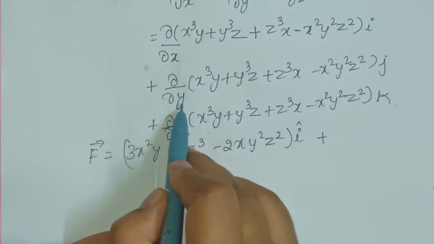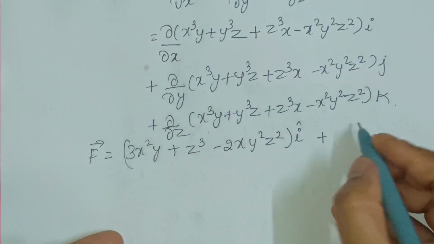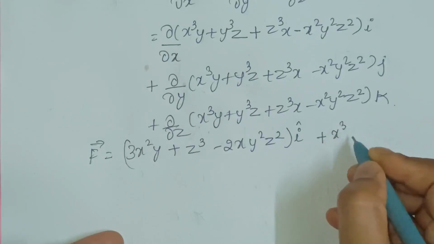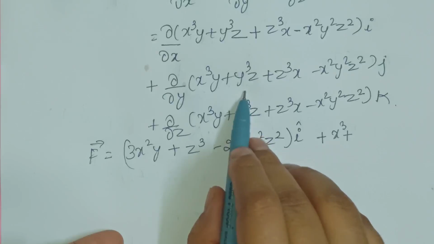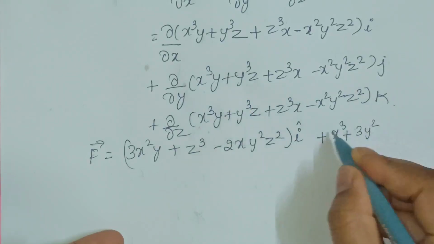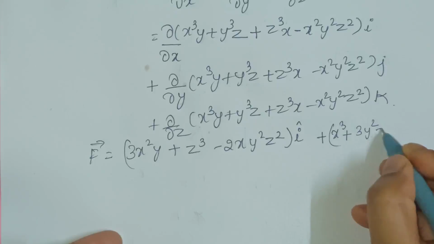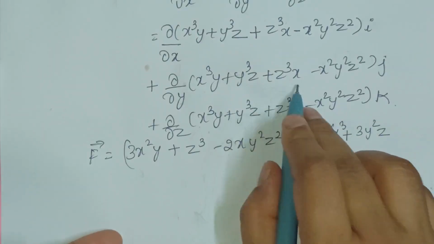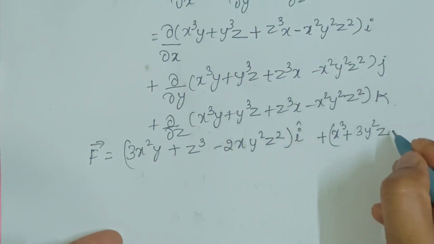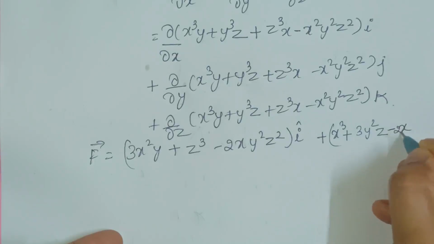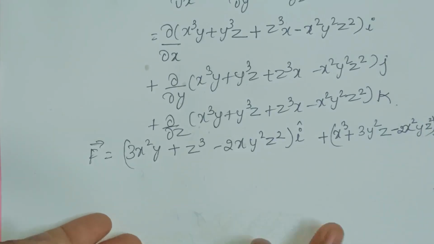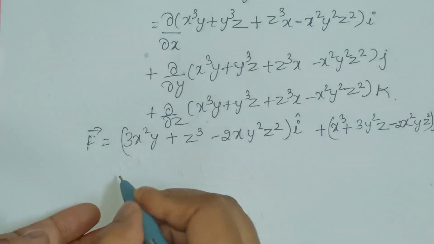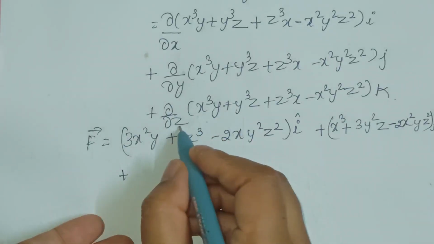plus we have partial differentiation with respect to y. So this is going to be x cube plus 3y square z, and this is going to be 0. This is going to be minus 2x square y z square, into j, plus partial differentiation with respect to z.